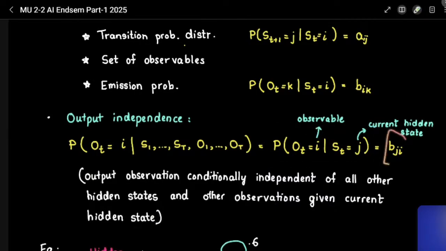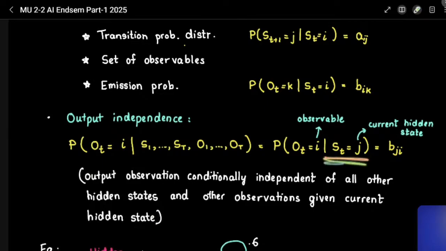We also know why it is Bij. At state J, what is the observation made? The observable here is I. At state J, you made observation I. So you can simply simplify this to this.